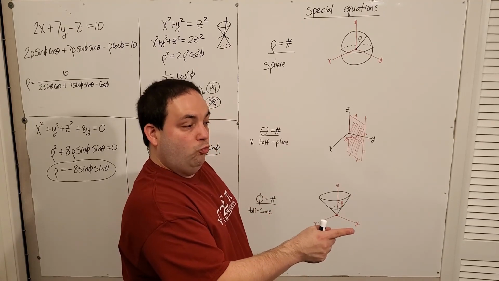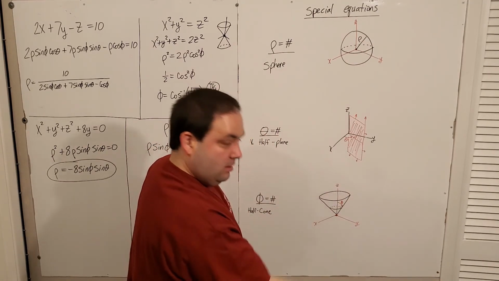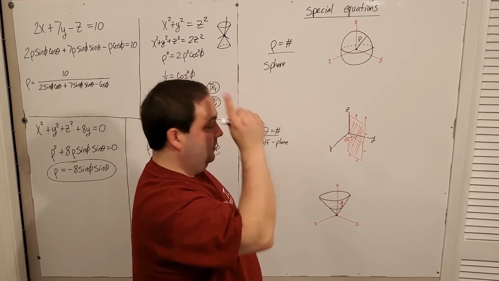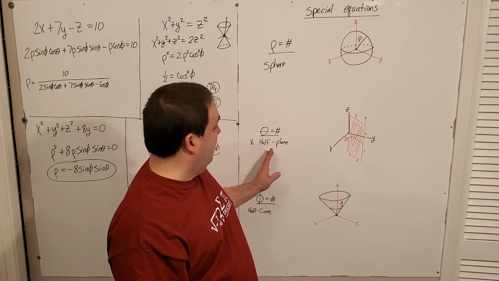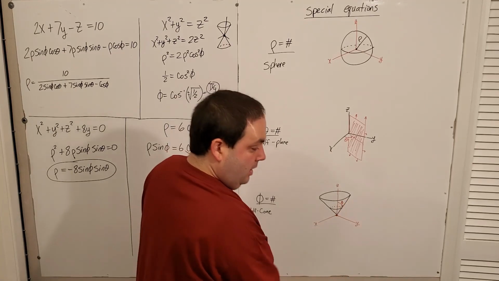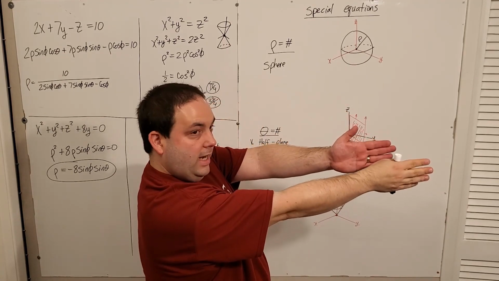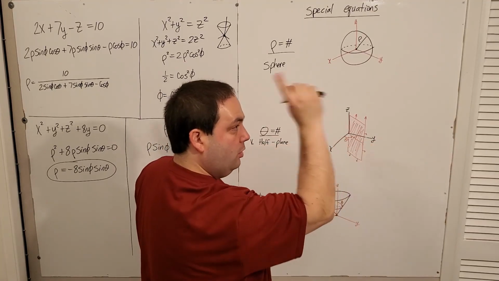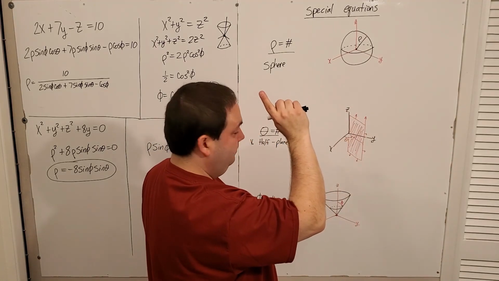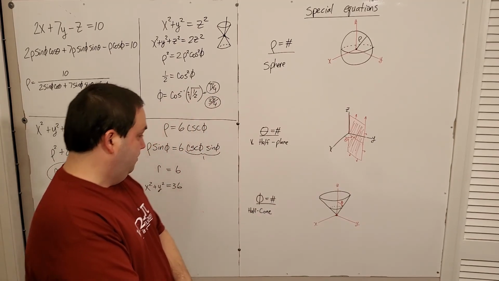Because we want rho to be positive and phi only to be 0 to pi. So in this case, you're only getting a vertical half plane, because I lock in a theta and all I can do is this, right? I can only look straight ahead and rho will go outward and I can only do the angles here to here, okay? And we already saw about the half cone on that one.